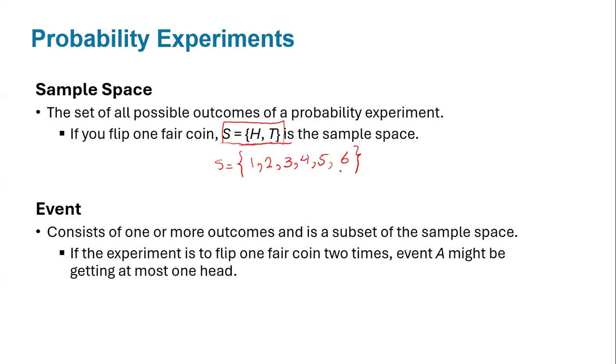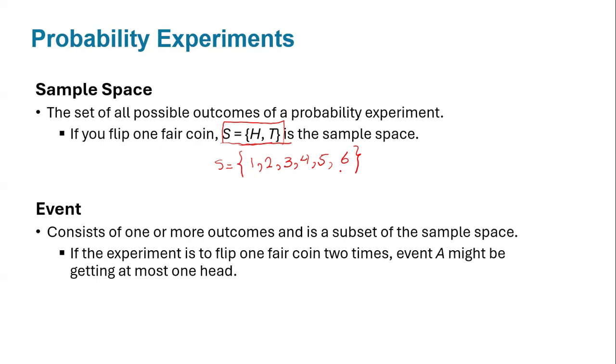Or when I roll a die, one event can be just getting a number less than 4. That's an event. Numbers less than 4 on the die are just 1, 2, and 3. And as you see, those are all in the sample space. That means that event is a subset of the sample space.